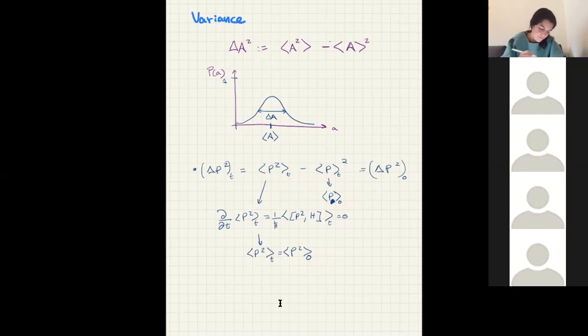So what this tells us is that if you look in the momentum basis, nothing is happening to the particle. Over time, the average P is not changing, it's just P0. And also the delta P is not changing.